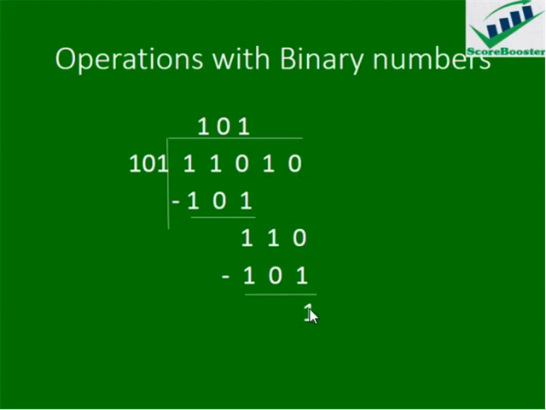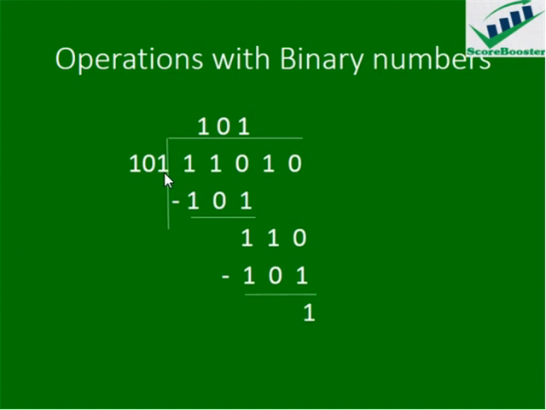So 1 here is the remainder, this is the divisor, this is the quotient, and this is the dividend, the number we are dividing. This is what we are using to divide. This is the number that remains, and this is the result we get when dividing.